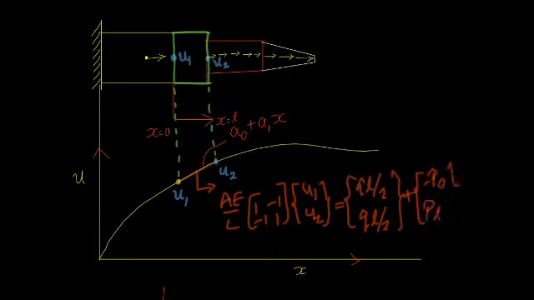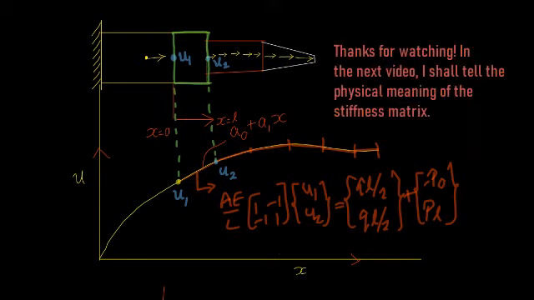Now you can get exactly the same by considering another small piece, and then another, and another. A matrix is generated for each small piece, and you have to solve all these matrices simultaneously to get the displacements U1, U2, U3, U4, U5, U6, and U7.